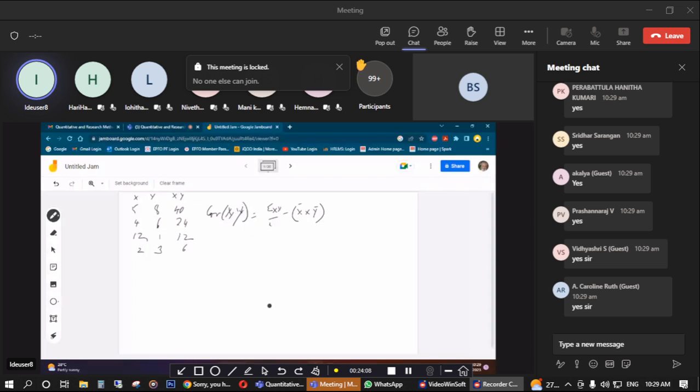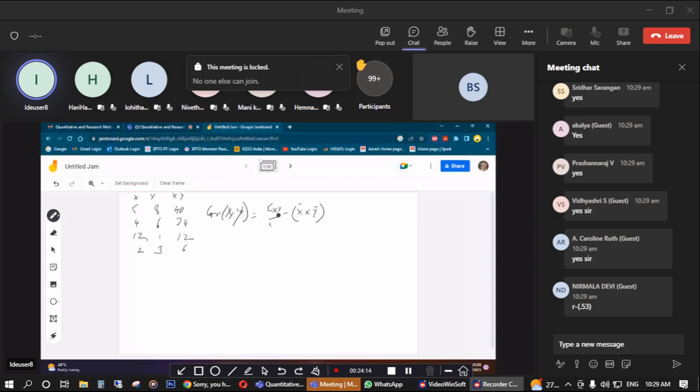So covariance of x comma y is summation of xy by n minus x bar into y bar. So what is summation of xy? How much did you get? 40, 64, 74, 76, plus 6 is 82.